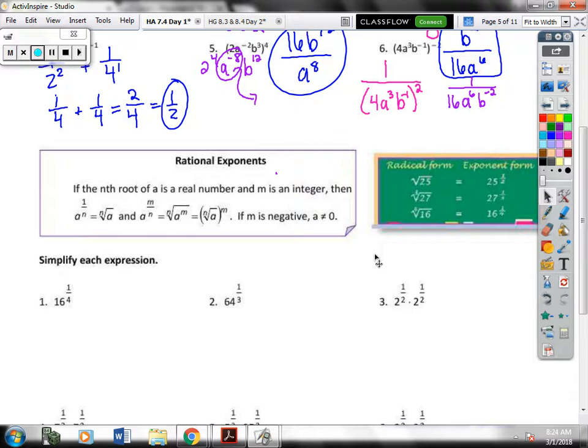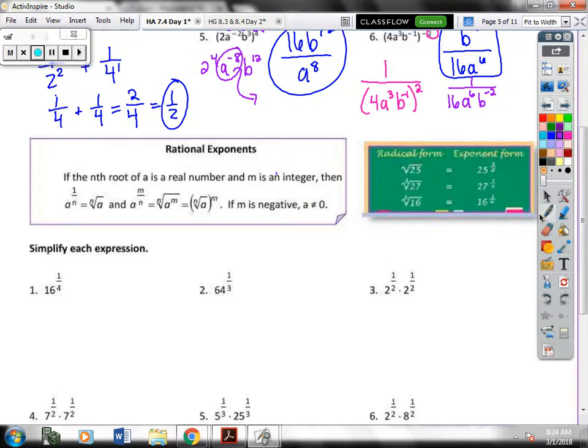So let me show you with some numbers. If we have x to the 2/3 power, the numerator of the exponent will remain the actual exponent. The denominator will become the index of our root.